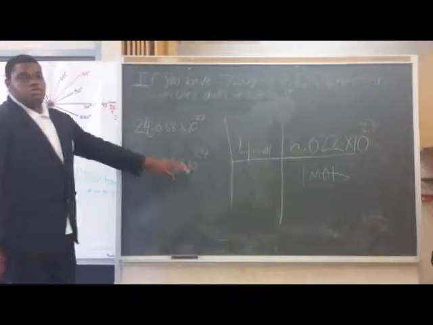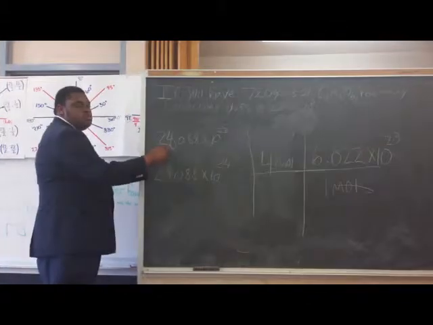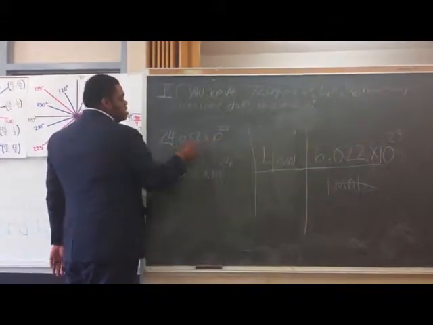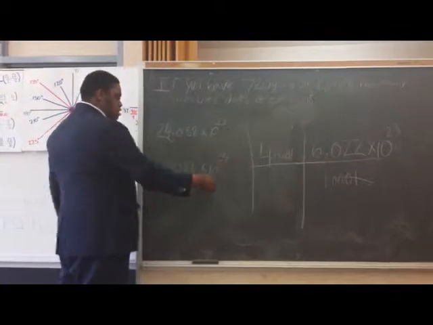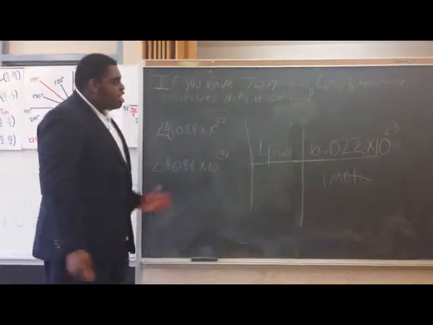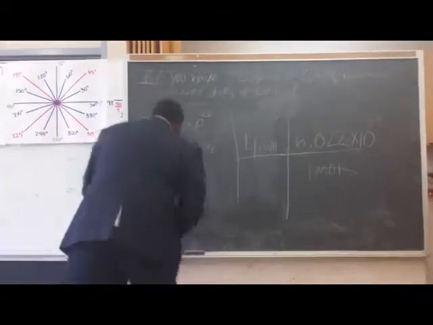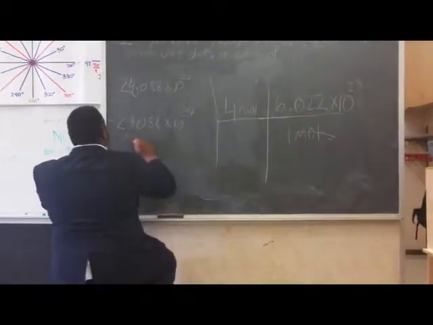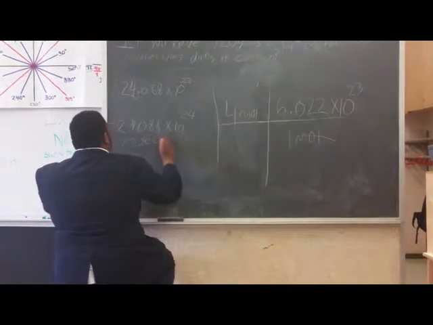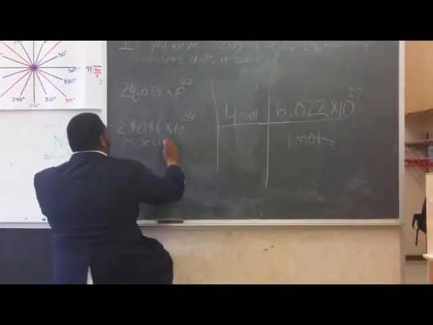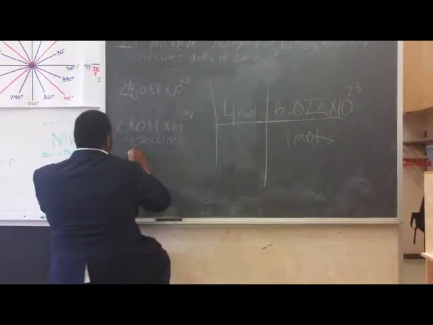The reason why it goes to the 24th power is that the decimal point moves over, so you need to multiply this whole number by an additional 10. And then the way you write out the answer after you complete all of this is simply this number, and you can put molecules of glucose.